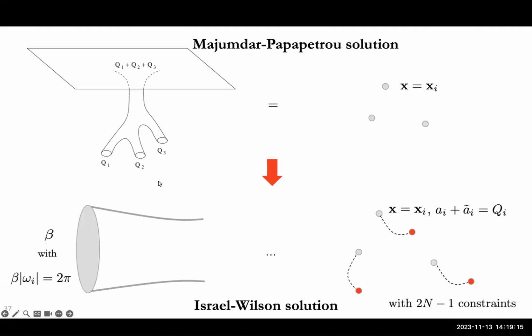Okay, so the conclusion is that the old multi-center solution that was described in terms of harmonic functions that had double poles at some locations that were the centers of the black holes can now be extended to finite temperature to compute an index by just splitting these double poles into pairs of single poles.